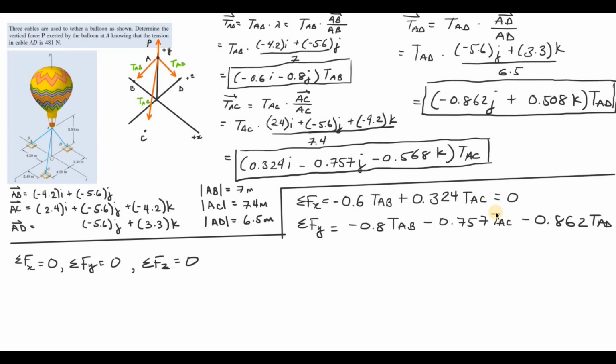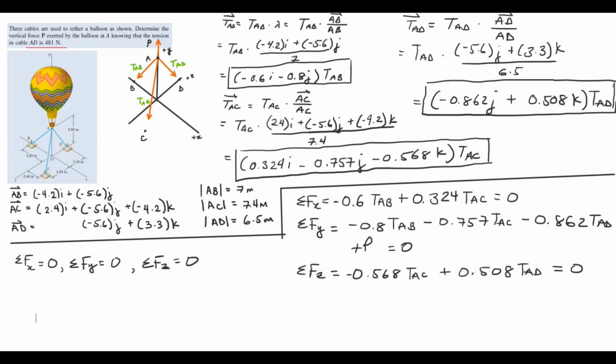And don't forget the vertical force P. So that'll be plus P, and that's equal to 0. Lastly, the sum of the forces in the z direction would be equal to minus 0.568 times tension AC plus 0.508 times tension AD, and that's equal to 0.